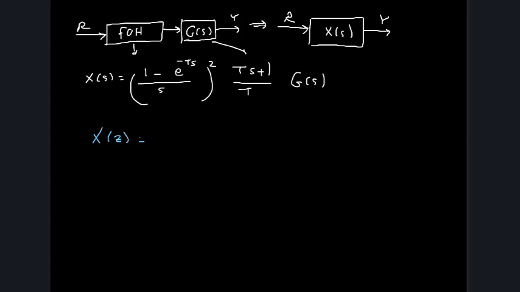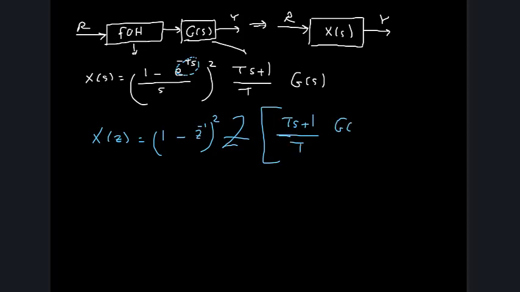So X of z will equal, now again, this one is the z, so it will be 1 minus z to the power minus 1, squared, times the z transform for the remaining part, which is (Ts plus 1) over T times G of s over s squared.